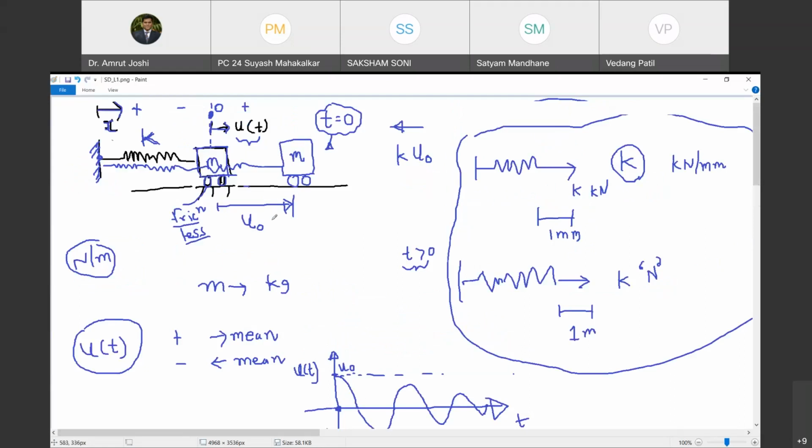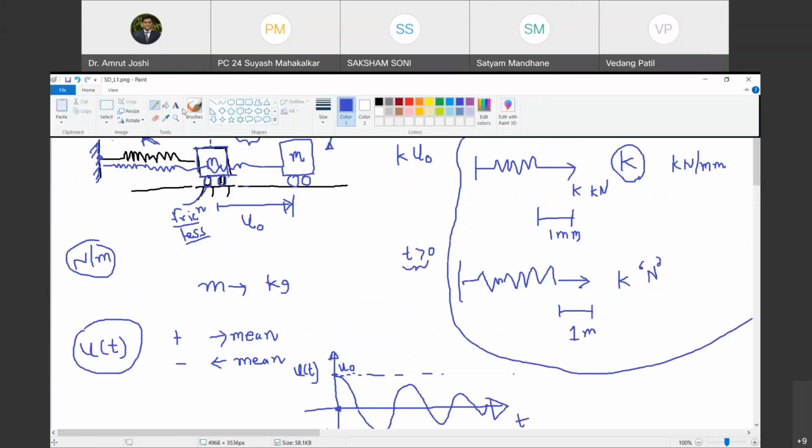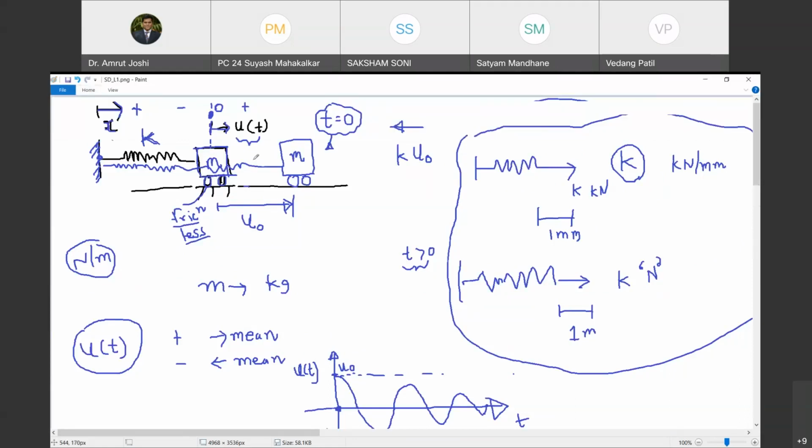Chalo. At time t equal to 0, the block was taken to a distance u0 from its mean position. Now I am going to consider any intermediate position of this block M, between u equal to 0 and u equal to u0.